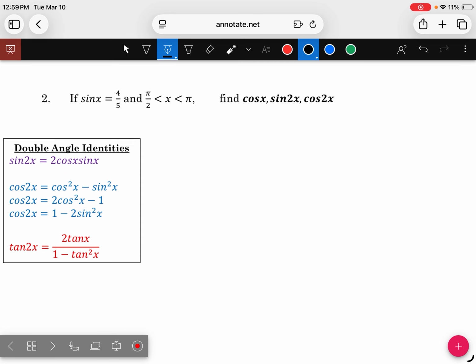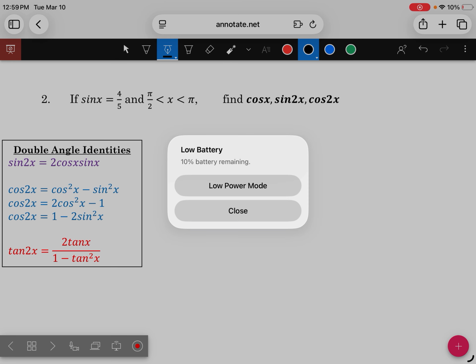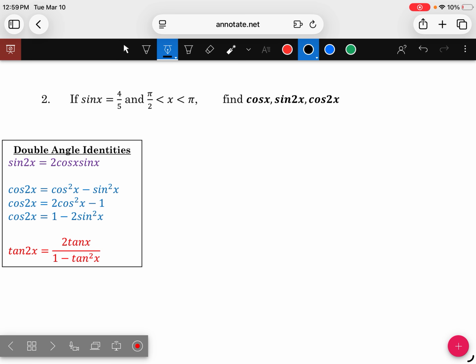All right, number 2. They want us to find cosine. How do I know this is a double angle? What do you think? How do you know it's a double? You're right, but how do we know it's a double angle? Would you agree that when you multiply x by 2, that's doubling it?